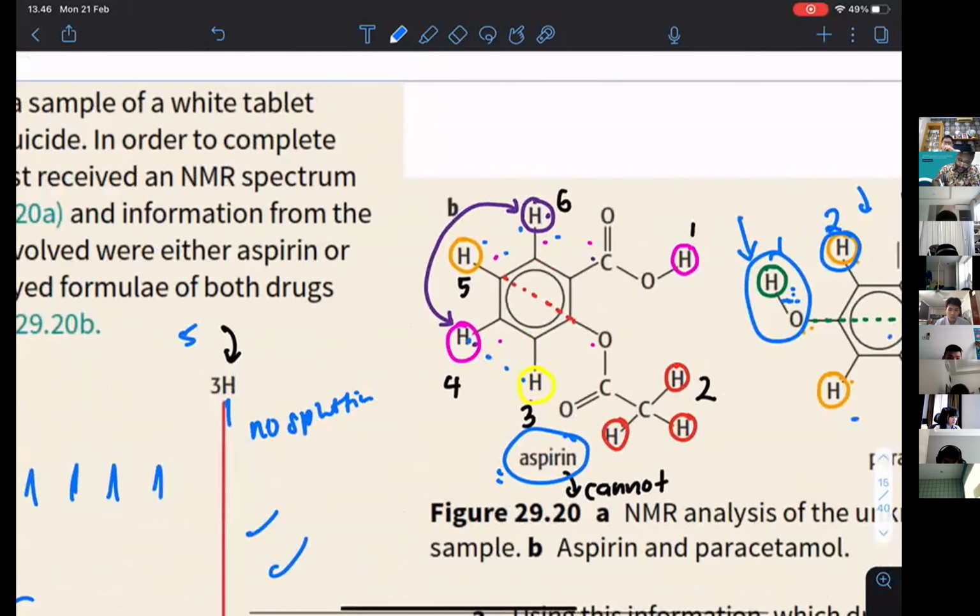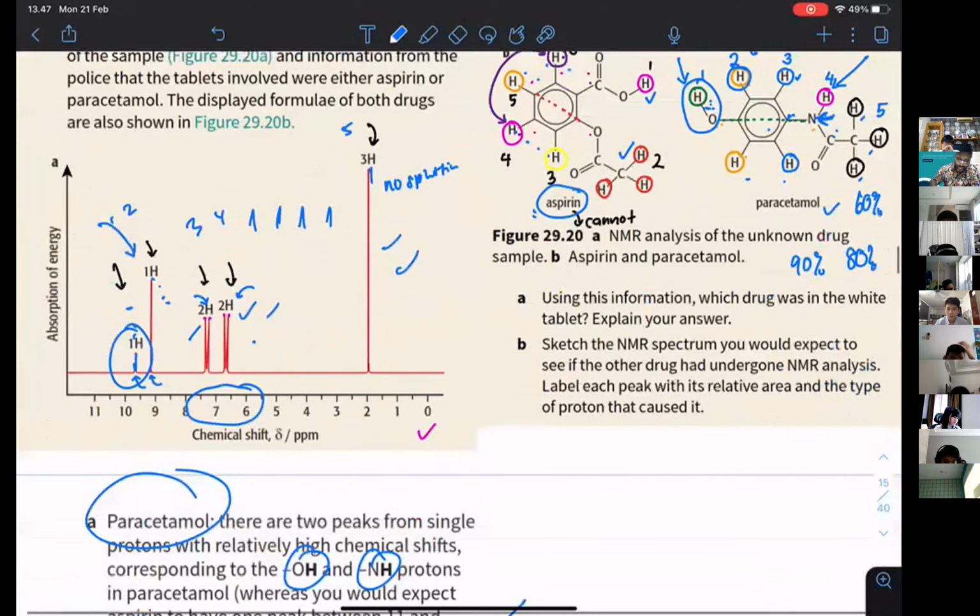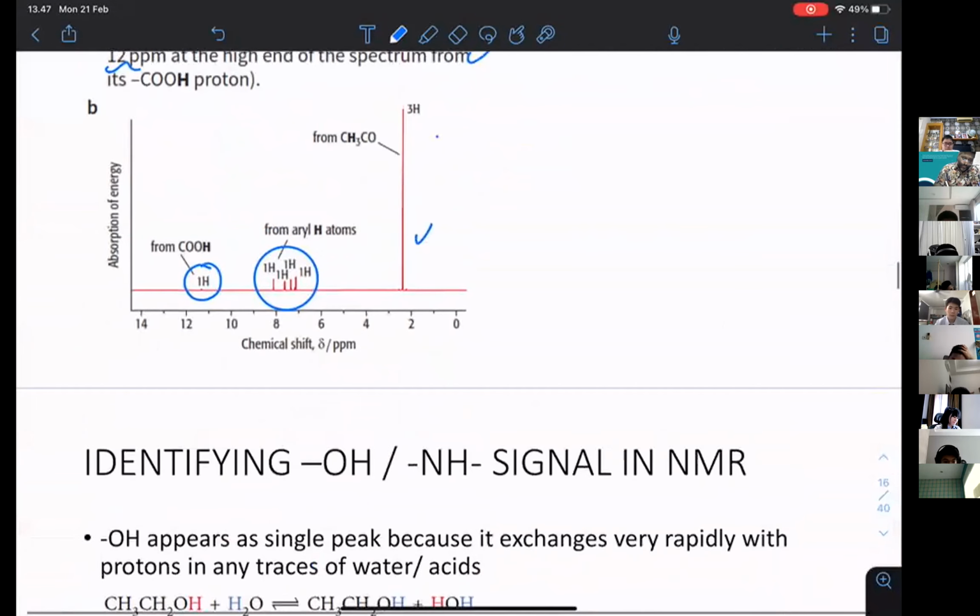So 1, 4, 1, a total of 6 different environments. So you can sketch. This is how you identify.